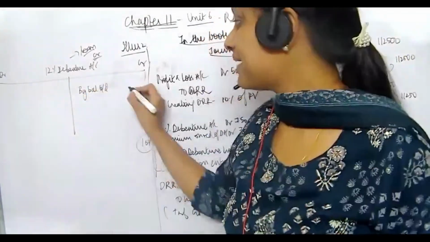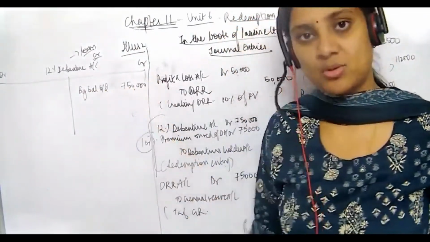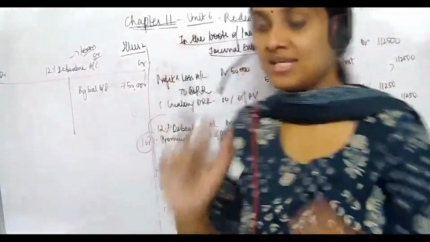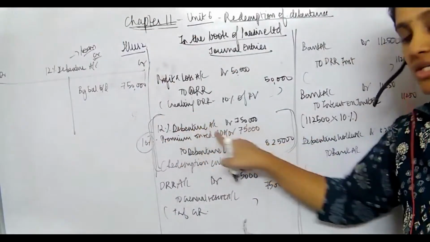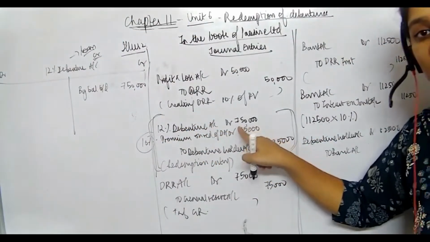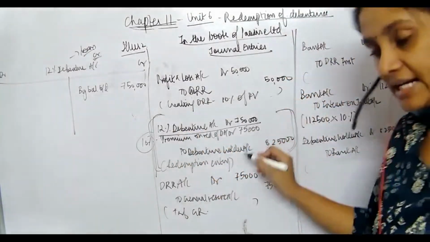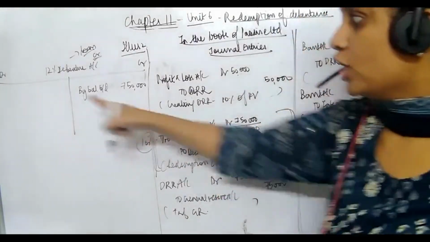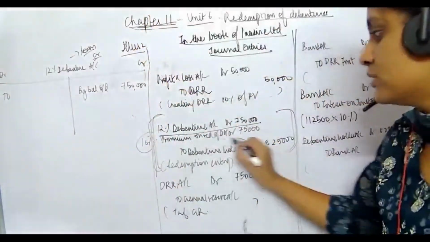What is the opening balance given to us in the question? 7,50,000. Opening balance already there. Now in this entry, I am talking about 12% debentures. I am now transferring it. I am debiting it. If you debit this account in the entry, you should go to the debit side, and then write: to the debenture holders.